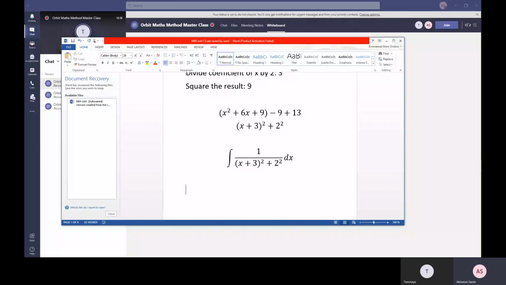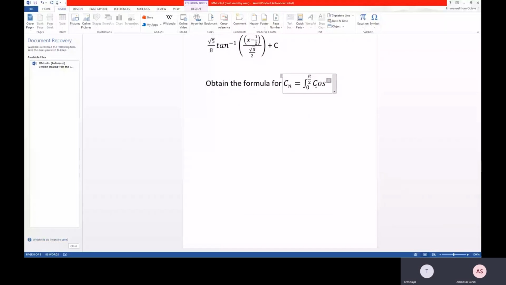Let me just go to symbol. Yeah, pi over 2 of, of course, cos to the power n of x. And hence evaluate.